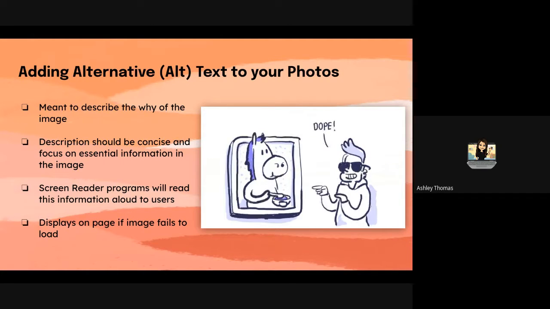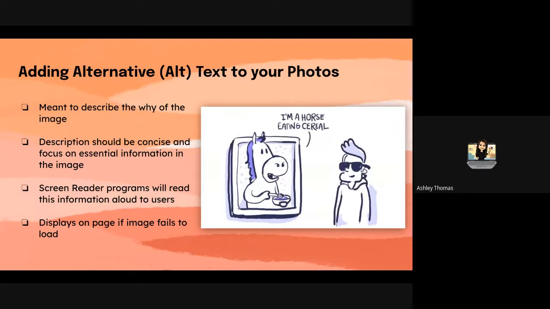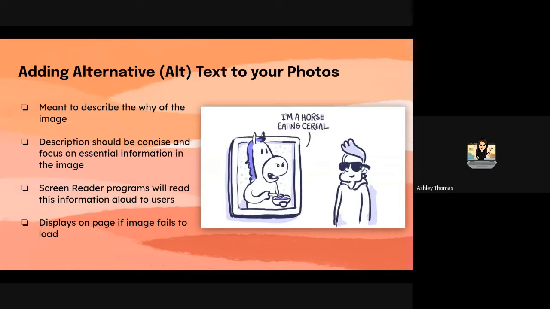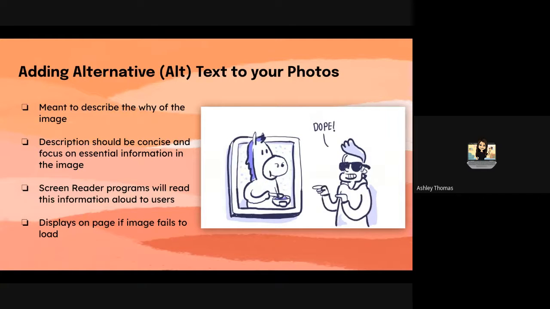So they are going to completely lose out on that opportunity of learning what's in the image. And a lot of times important information is conveyed in images. So we want to make sure that we add the alt text so that all users are able to understand what it is.